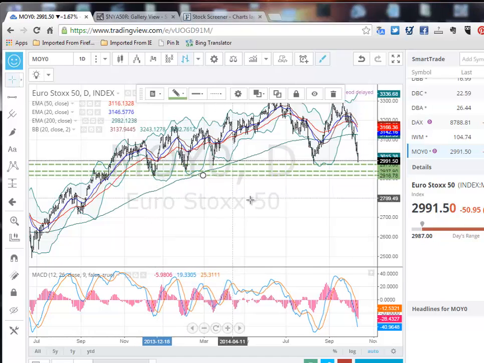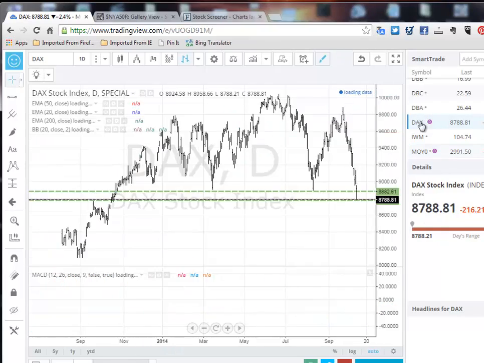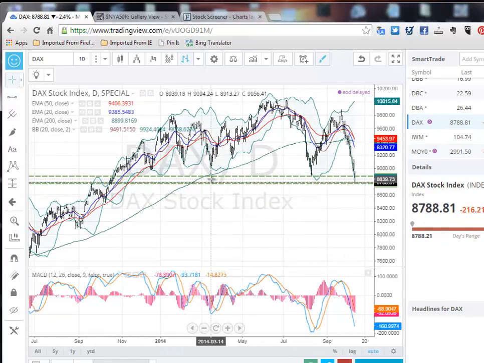There's a fair bit of support that this could test. We've not broken this low yet, and we've got two levels of support that are reasonably close. That's a little different to the DAX chart, where we had broken that horizontal level. We're testing that one there and do not have much until we get to this level.